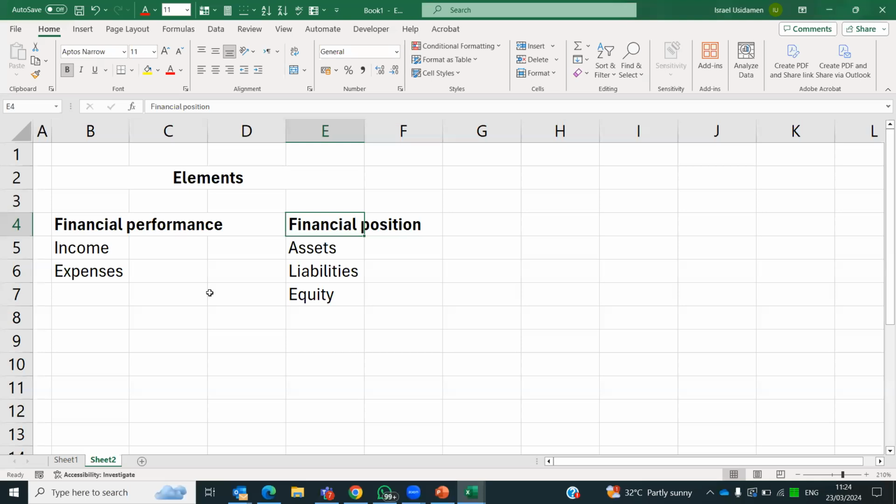Now I'm starting here because we are talking about double entry. And double entry is the result of transactions that take place. So when a transaction happens, when an event happens, double entry will come into play. And double entry will then come to affect one or more, most times two, of these elements involved.